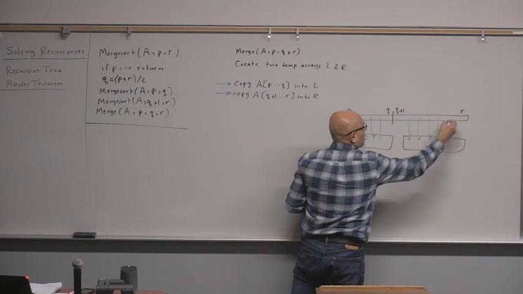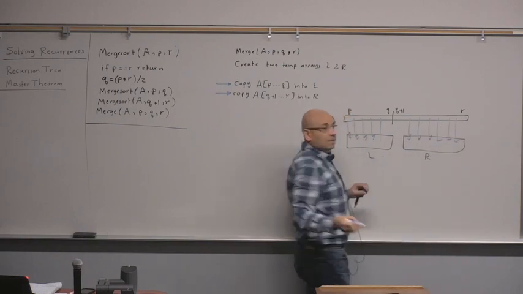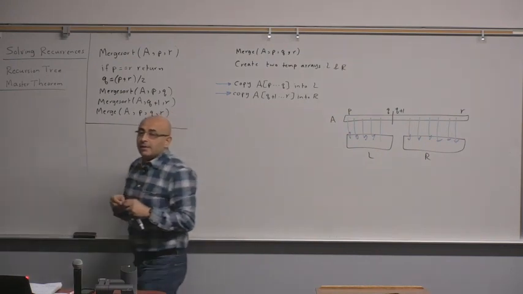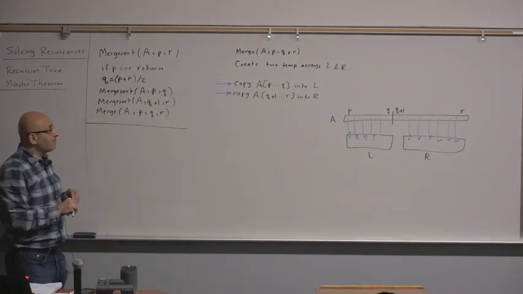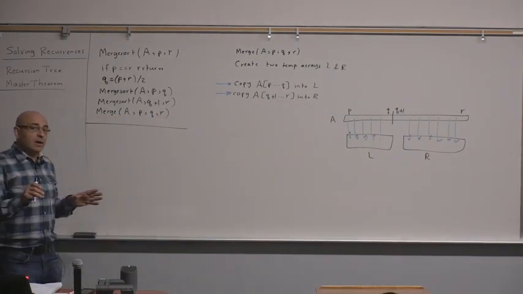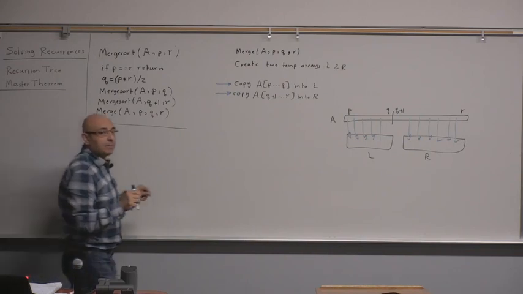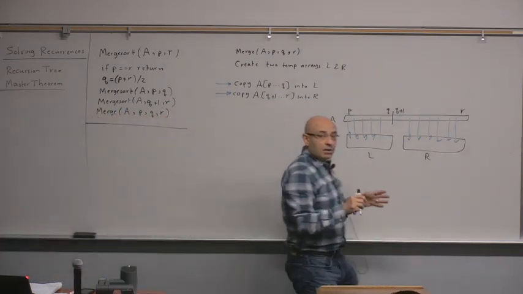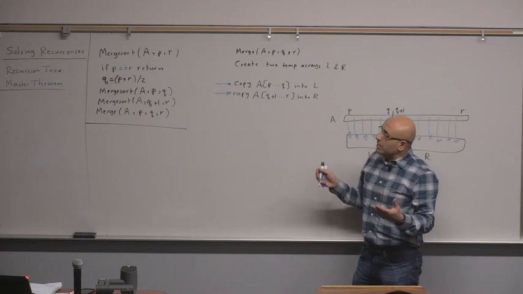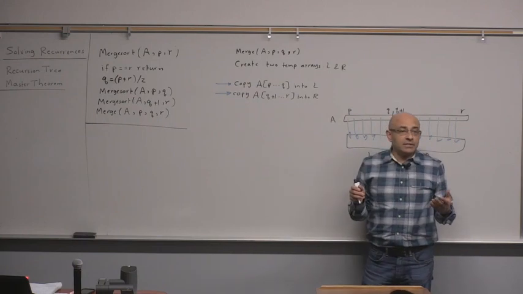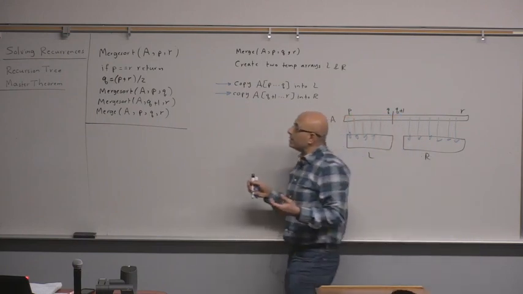Okay. So now today's lecture is going to be about the analysis of the algorithm. Our first example on divide and conquer. We will see that merge sort is a relatively easy algorithm to analyze.